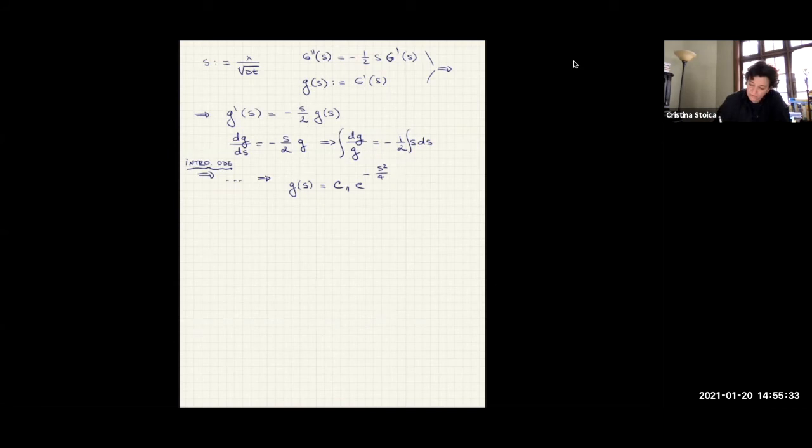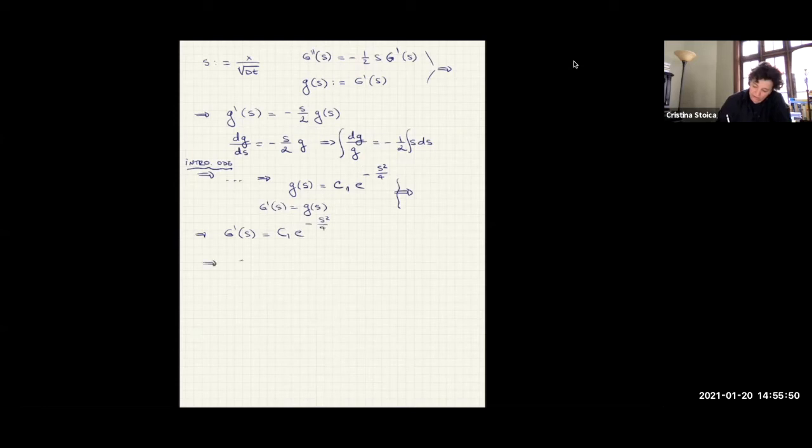Now we remember what little g of s is, so we put it in. We have that g prime of s is C1 e to the minus s squared over 4.